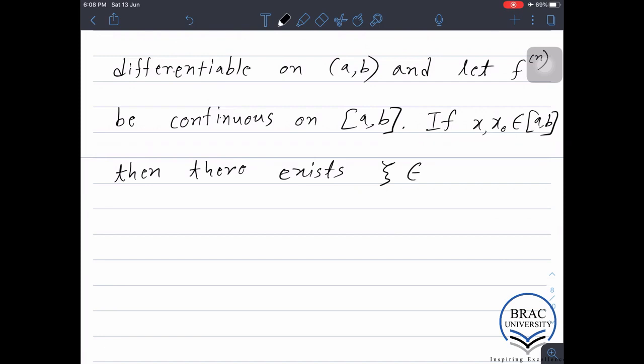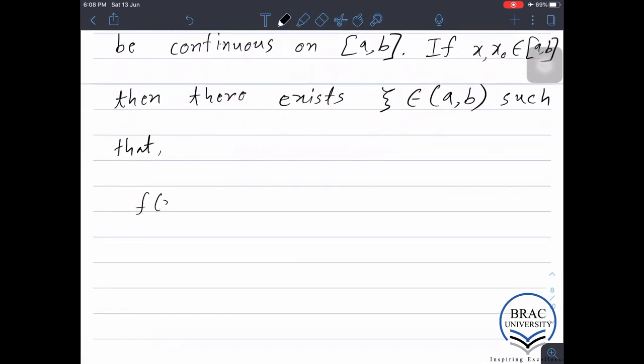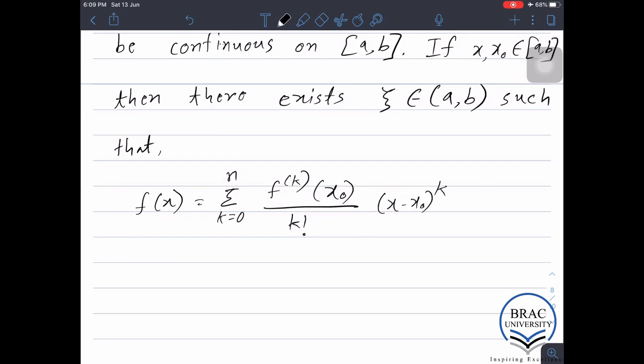Xi, which belongs to this interval from a to b, such that f of x is equal to the sum over k going from 0 to n of f^(k) of x0 divided by k factorial times (x minus x0) to the power k, plus, okay, write it in the next line, plus f^(n+1) of xi by (n plus 1) factorial times (x minus x0) to the power n plus 1.